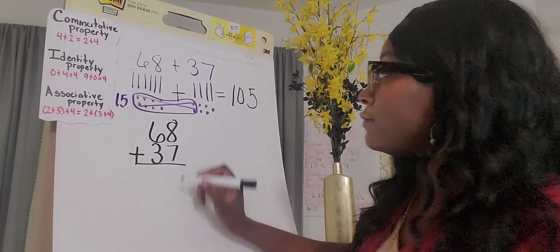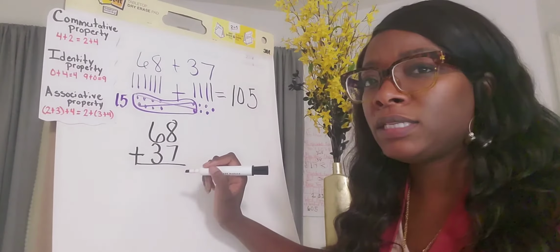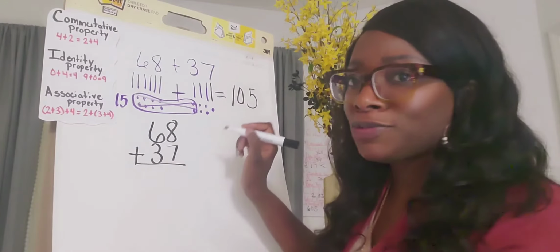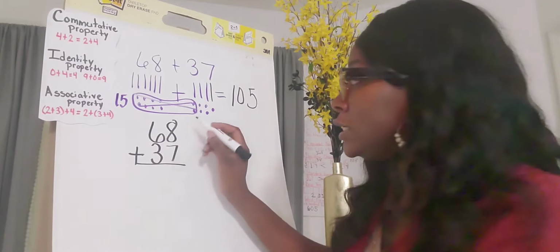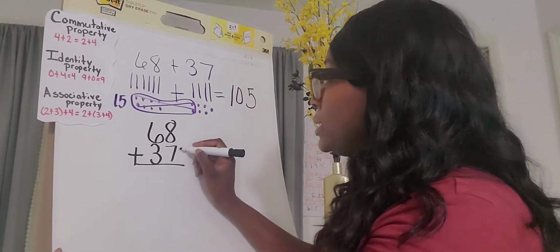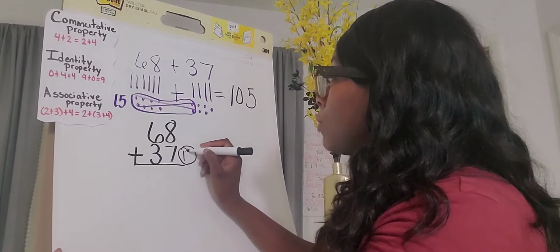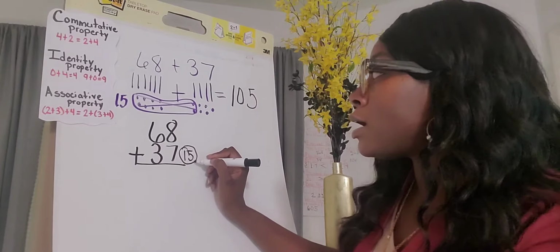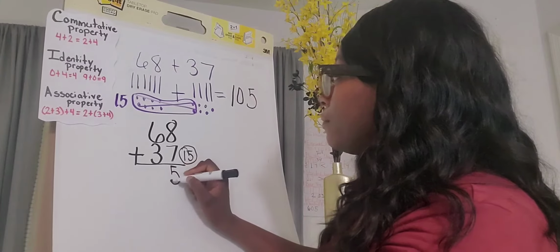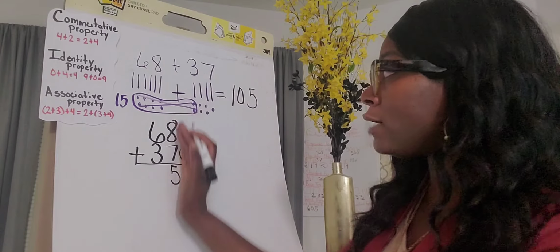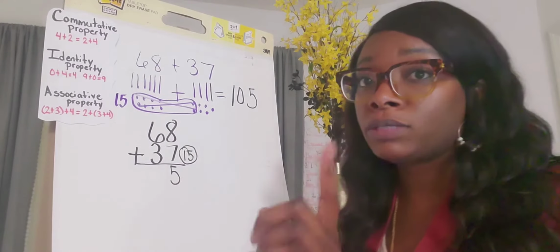So 8 plus 7. Did somebody say 15? That's right, 15. But we know we can't write 15 underneath that ones place. So I'm going to make my bubble. Write the number 15. The 5 is in the ones place, so I can write the 5 underneath the ones place. Look how everything is lined up nice and neat. Always make sure you do that.